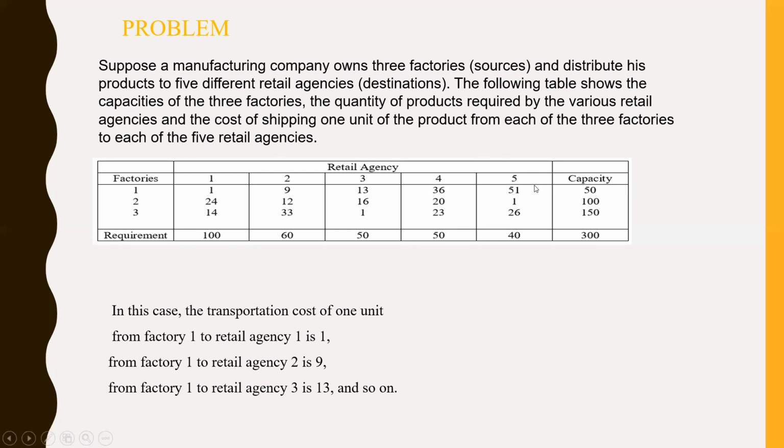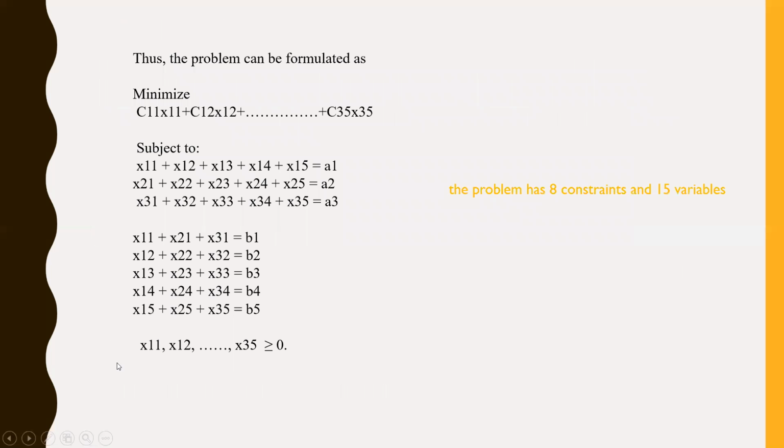Then x15, x25, x35, which equals b5, where x11, x12, x13, x14, and so on till x35, should be greater than or equal to 0. So the problem has 8 constraints and 15 variables. So it is not possible to solve such a problem using the simplex method.